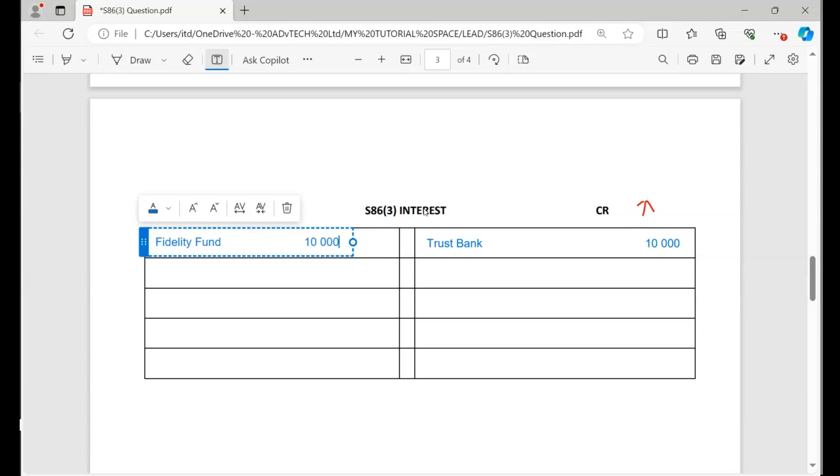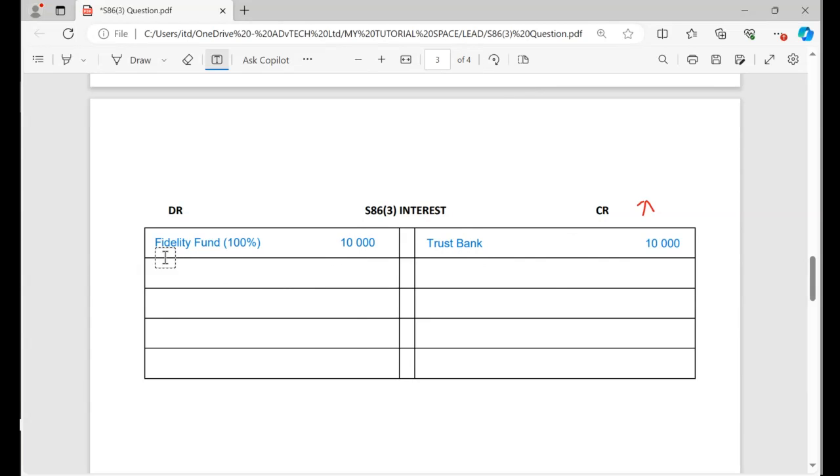So the whole amount belongs to Fidelity. Remember the previous exercise with the section 86.4, we had to take 5% to our client, the remaining 95% went to the client, and the 5% went to our Fidelity. But in this case, 100% will go to Fidelity. I hope it makes sense. Okay, 100% goes to Fidelity.